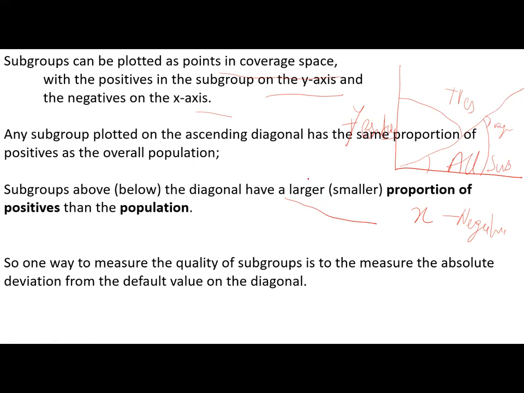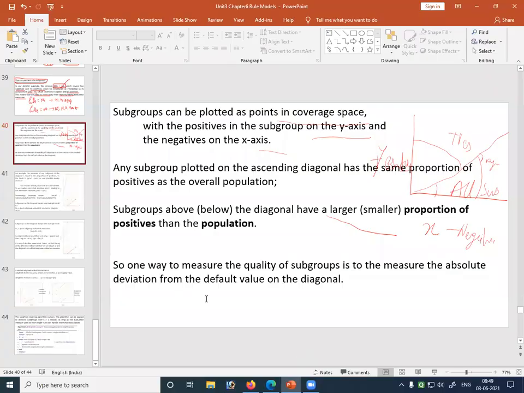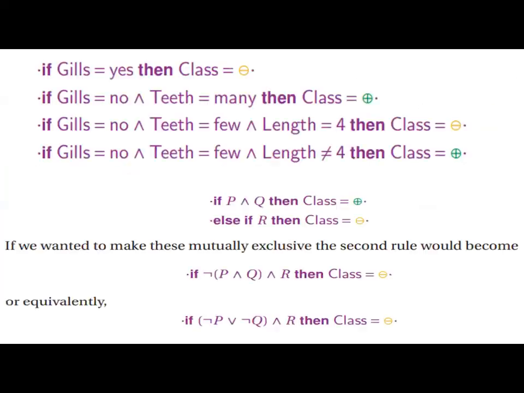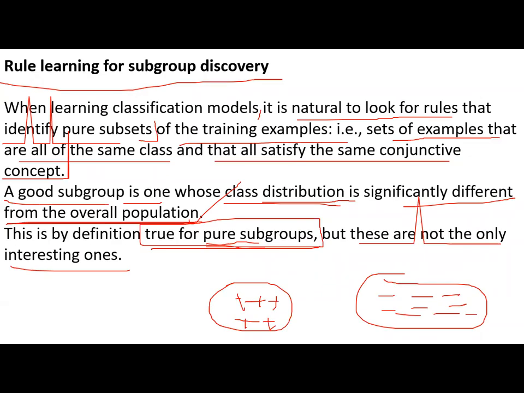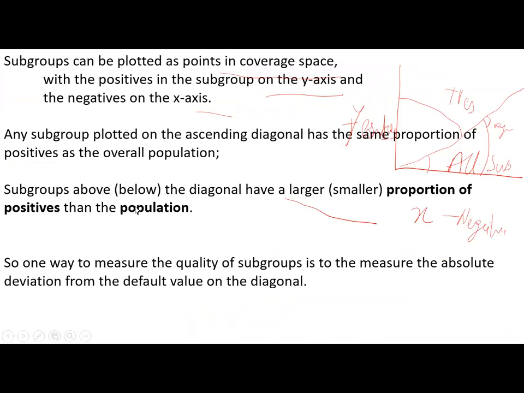Very simple, let me tell you. So subgroups above the diagonal have a larger proportion of positives than the population. This diagonal shows you the average proportion of positives.